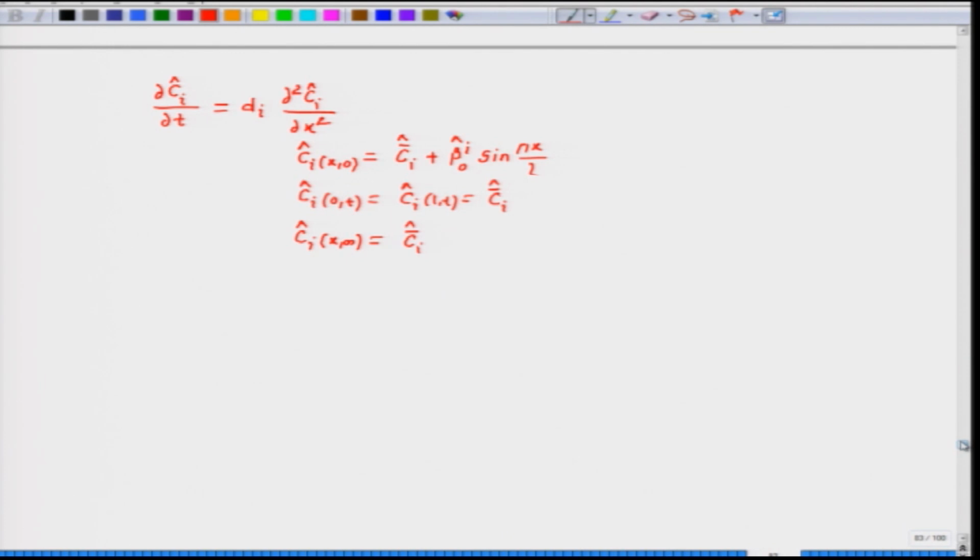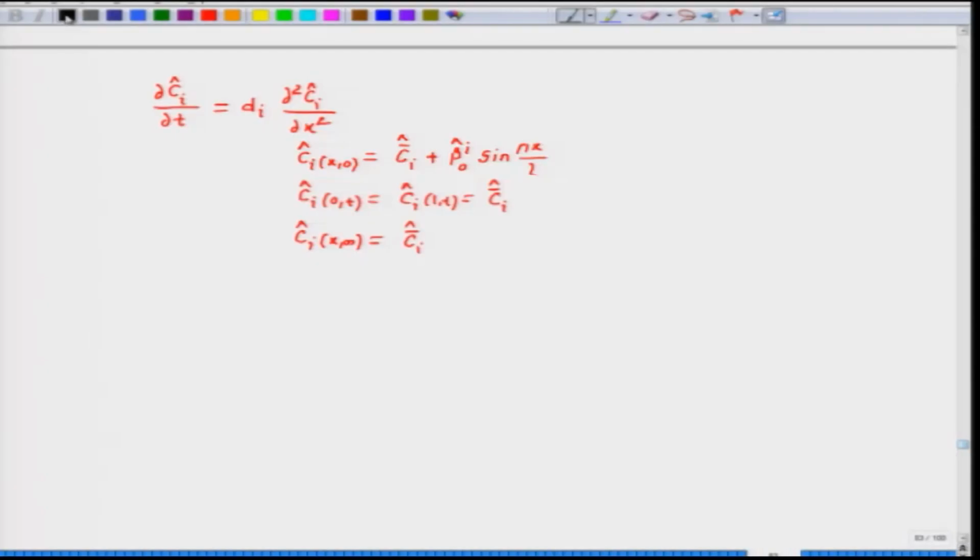Now we need to solve this equation, and we have periodic boundary conditions. So far we used Laplace transforms, which was useful for solving the diffusion equation with infinite boundary conditions. Now we will use another approach which is useful in solving the diffusion equation with periodic boundary conditions, and that is the principle of separation of variables.